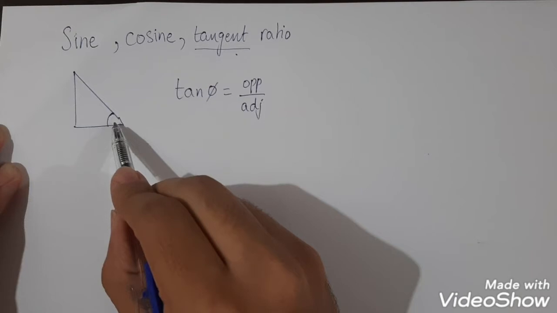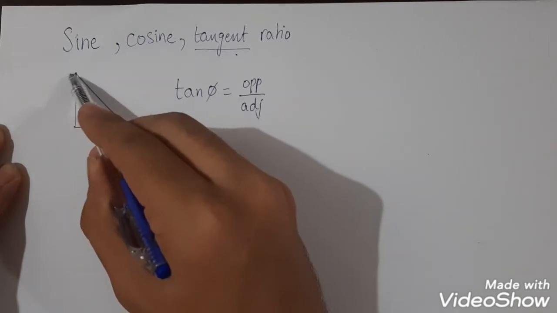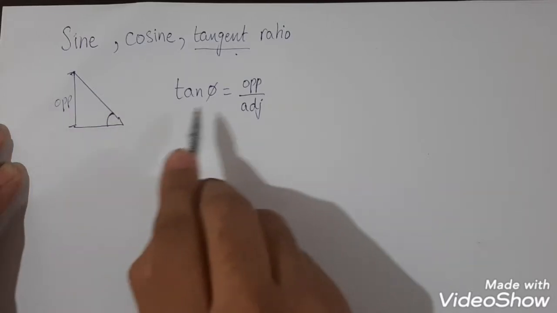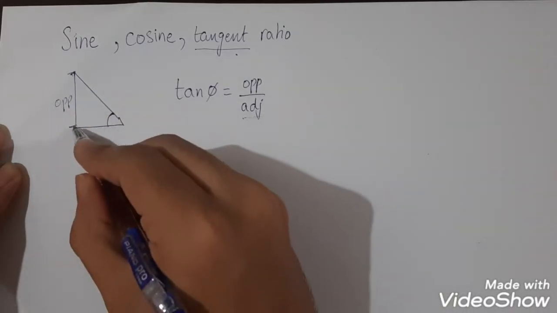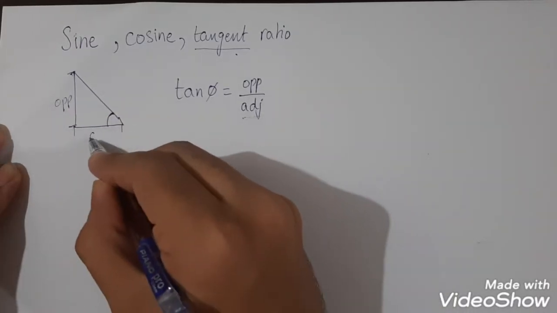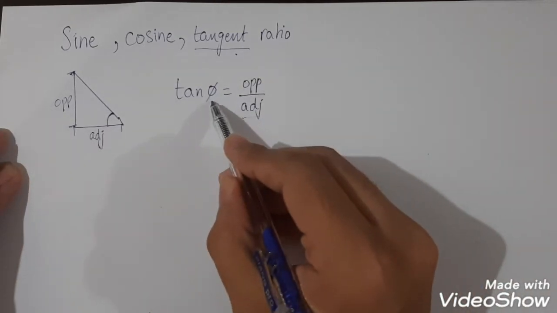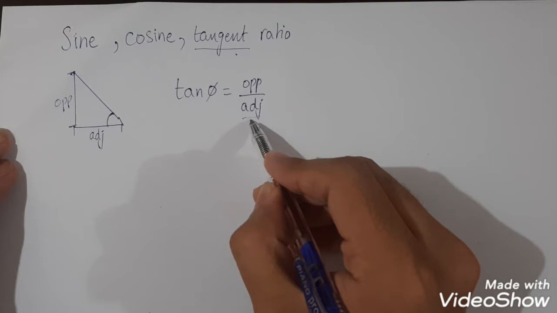So opposite length will be this length, and adjacent length will be this length. So we will use tan theta is equal to opposite divided by adjacent.